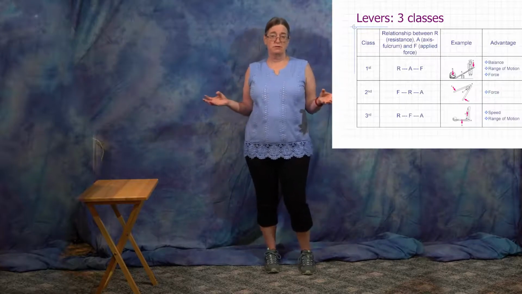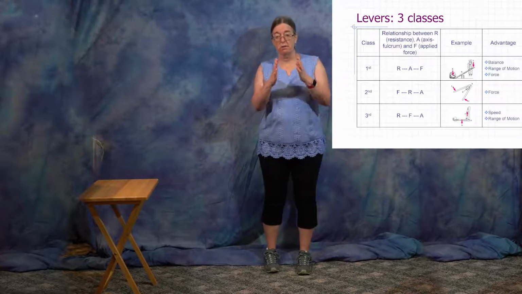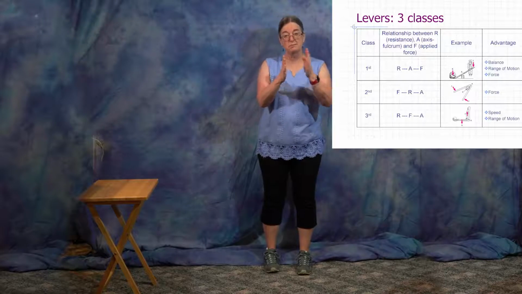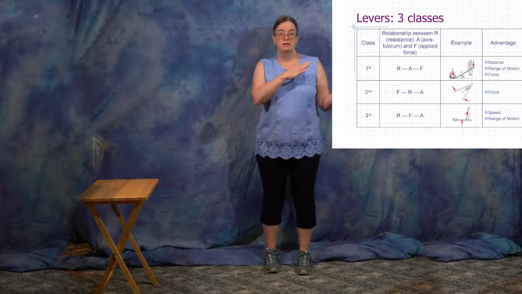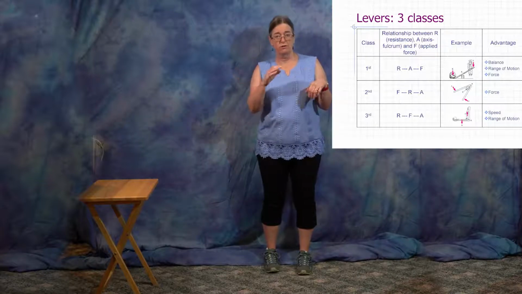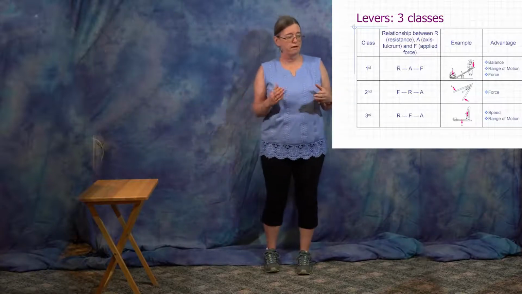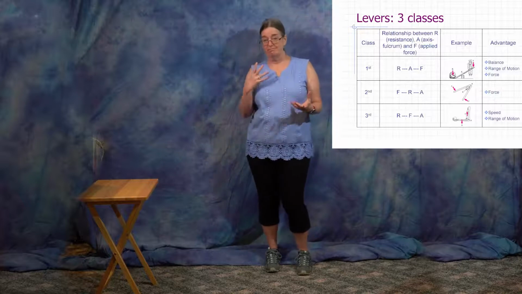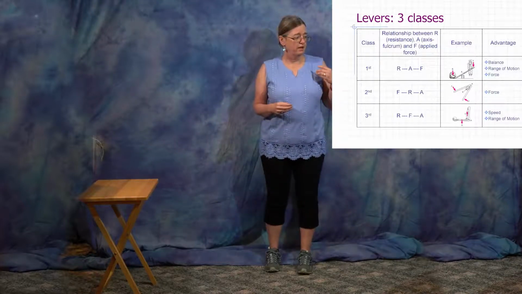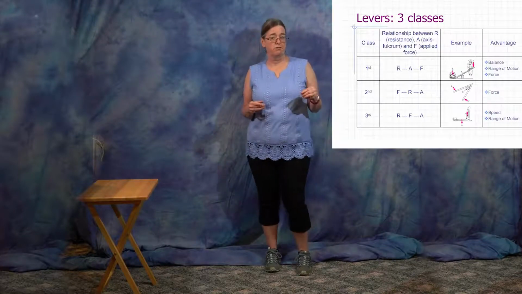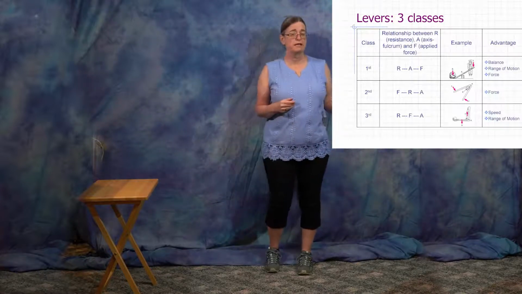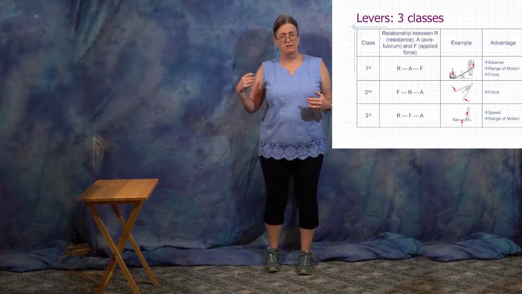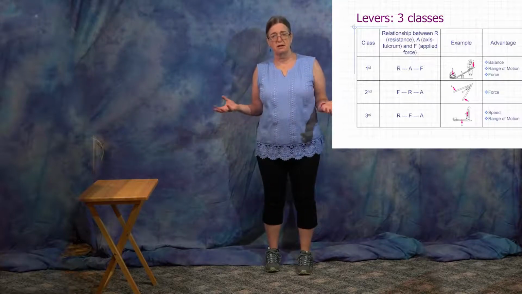It has numerous advantages depending on where that fulcrum is with respect to either the applied force or the load force. You can have advantages of balance, hence a teeter-totter. It can be advantageous in range of motion, or it can be advantageous in force, meaning one person does not have to exert as much force as the other person.